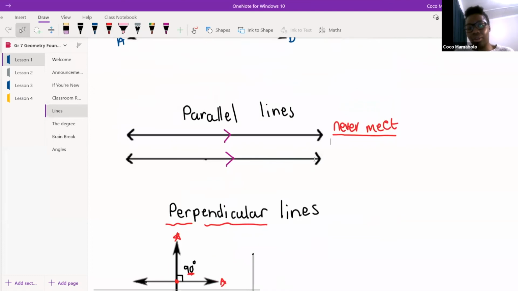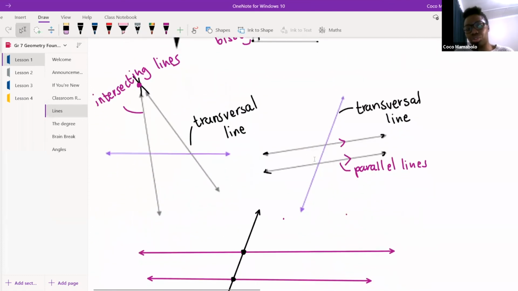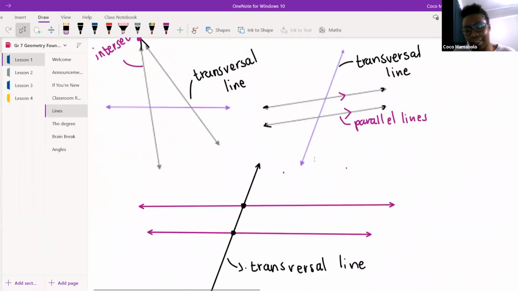Okay. Now we go down to transversal lines. How many times does a transversal line cross a line? Or how many lines does a transversal line go through? One. Oh, count them. Let's count them together. Here, 1 and 2. So a transversal line is a line that crosses another line how many times? 2 times.